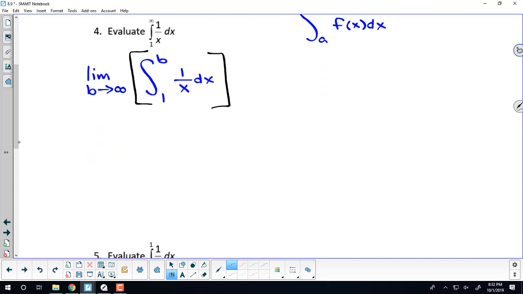Okay, so what is the antiderivative of 1 over x? Yeah, that was natural log. We have the limit of natural log of the absolute value of x evaluated from 1 to b.